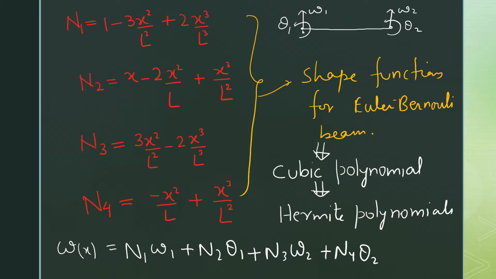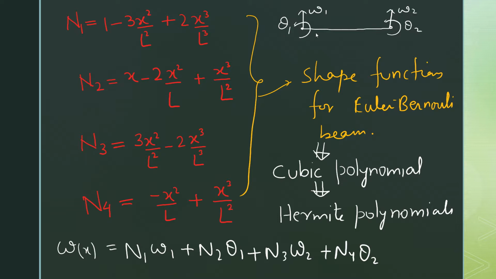This is the beam element, and each node has 2 degrees of freedom, one vertical deflection and another rotation. So a total of 4 degrees of freedom are there for each element of a 2D beam.